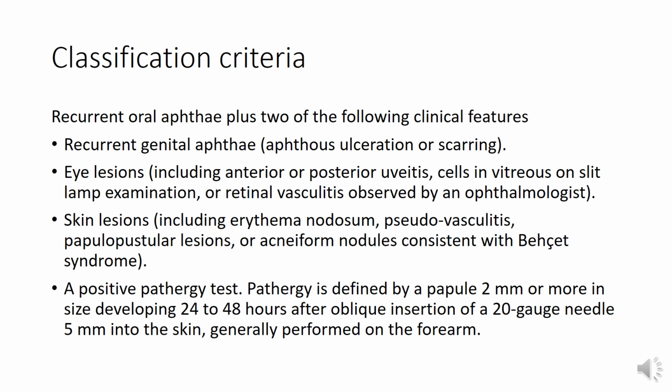Eye lesions including anterior or posterior uveitis, cells in vitreous on slit lamp examination, or retinal vasculitis observed by the ophthalmologist. Skin lesions including erythema nodosum, pseudofolliculitis, papulopustular lesions, or acneiform nodules consistent with Behcet syndrome.